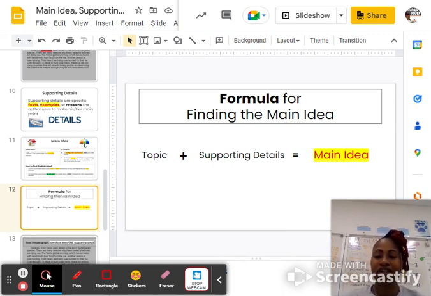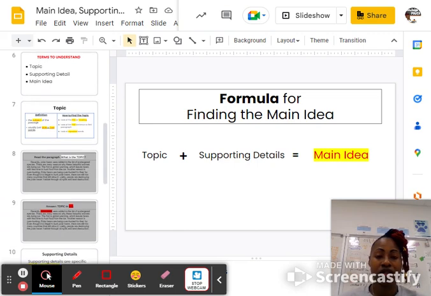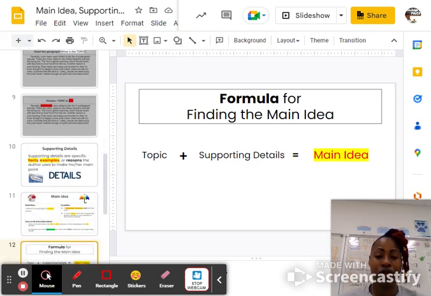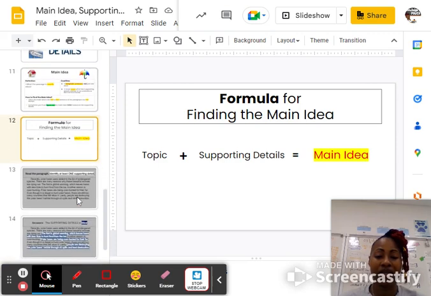We did a math equation with words: topic plus supporting details equals main idea. And you can go back through your notes to see topic, revisit supporting detail, and main idea.